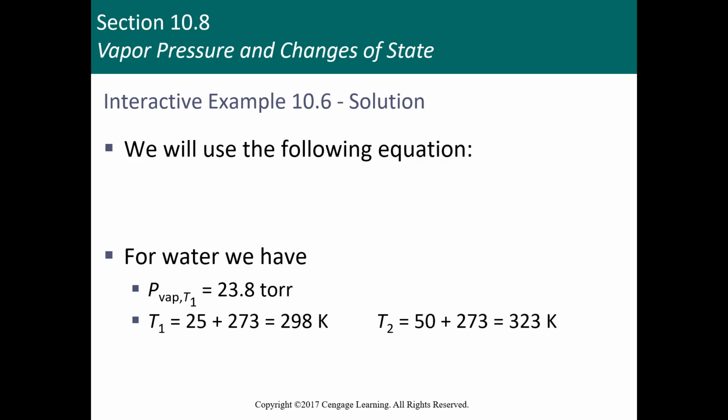We have the vapor pressure at the first temperature, 23.8. The temperature 1 is 25 plus 273 to give us 298 Kelvin. Don't forget this is in Kelvin. Temperature 2 then is 50 plus 273 to give us 323 Kelvin. This right here is the heat of vaporization.